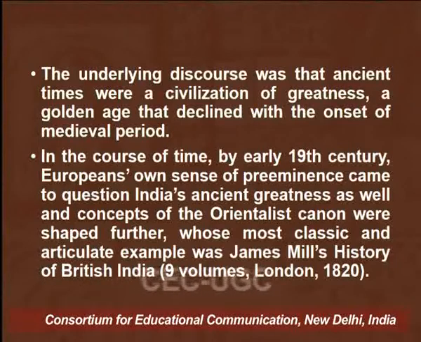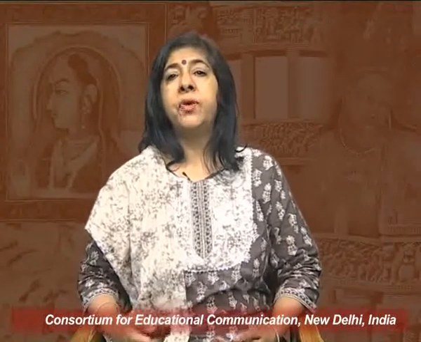In the course of time, by early 19th century, Europeans' own sense of prominence came to question India's ancient greatness, as well as concepts of the Orientalist canon were shaped further.